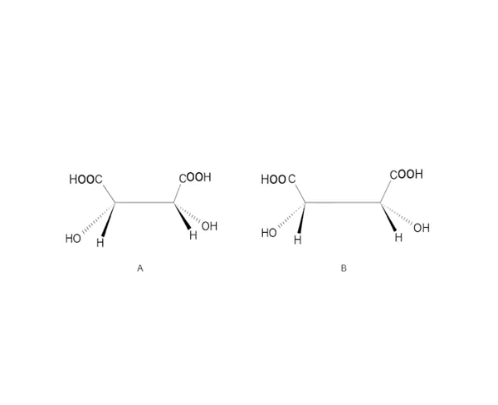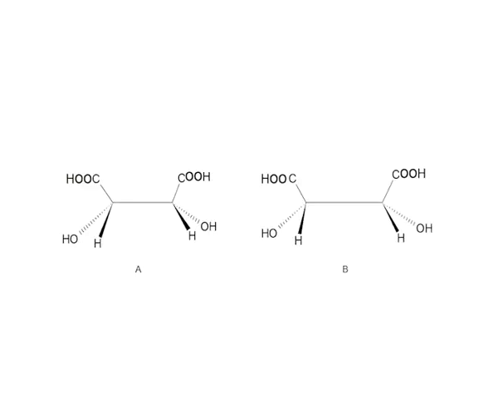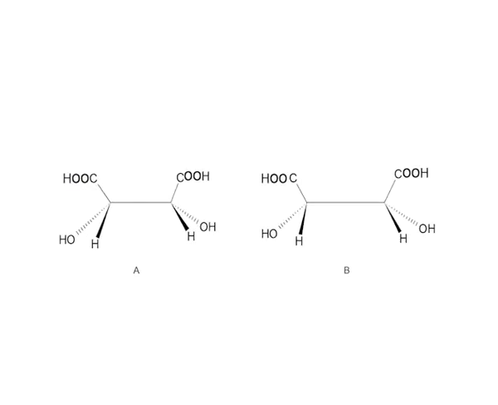For example, the meso isomer of tartaric acid is not chiral even though there are two chiral carbon atoms. The molecule A is superimposable on its mirror image B and hence achiral in nature.